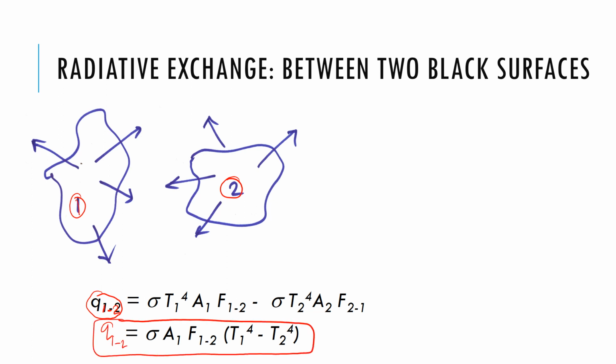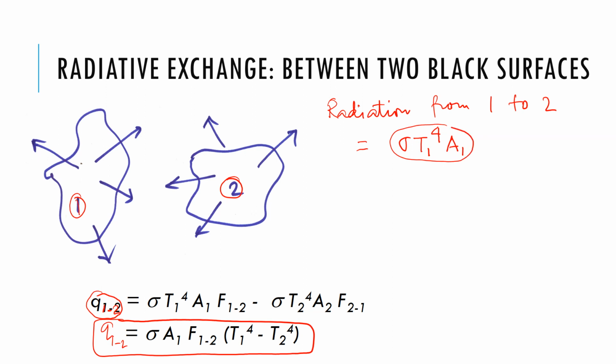Okay, but we're not just going to use the formula, we'll see where it comes from. So radiation from 1 to 2 is equal to, first, sigma T1 to the 4, in watts per meter square, that leaves surface 1. That multiplied by A1 is the watts.